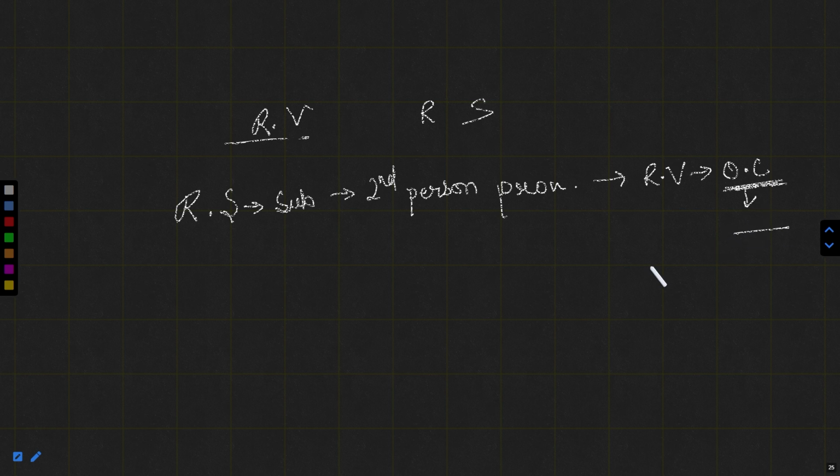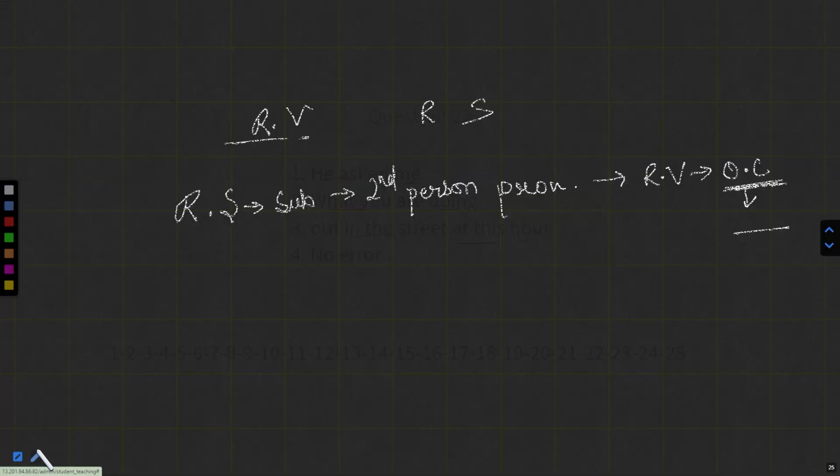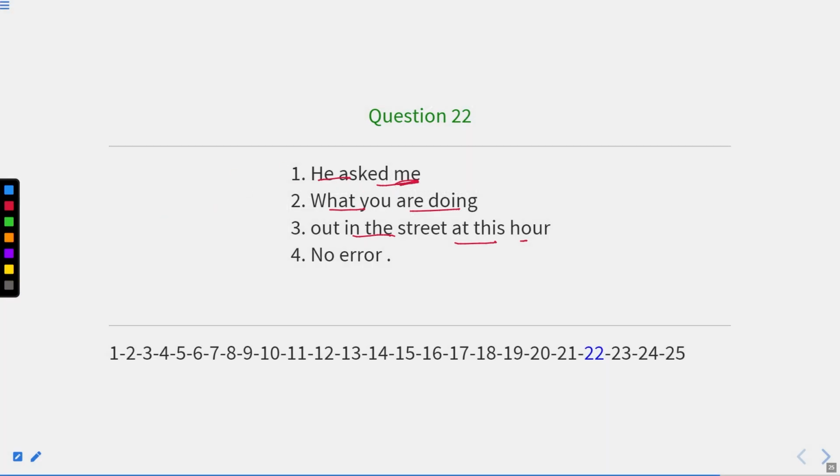So if you see this sentence carefully, here he asked me, this is the objective case of I. What you are doing. Now he asked me, what you is the second person pronoun, but the second person pronoun should be changed according to the object of the reporting verb, and the object of the reporting verb is me, and the nominative case of me is I, not you.